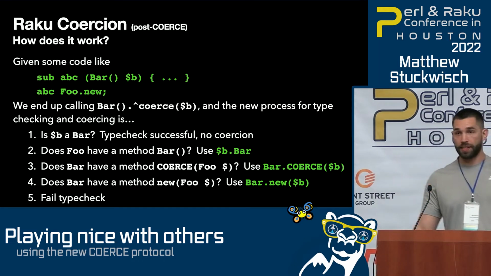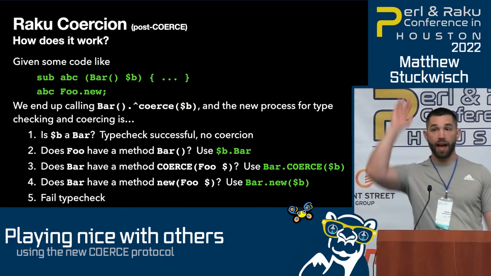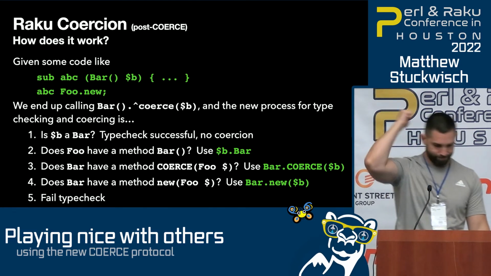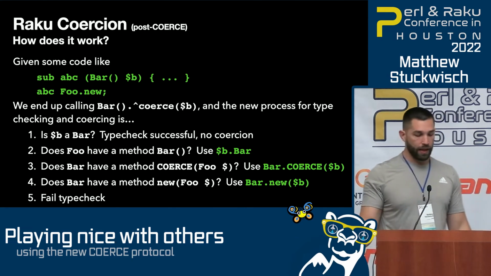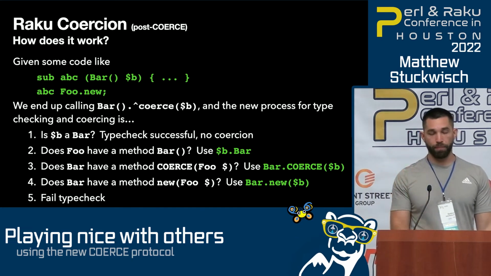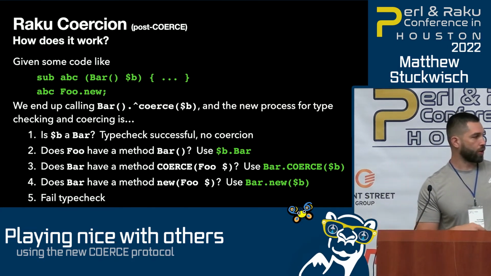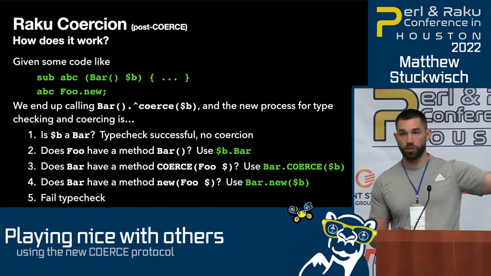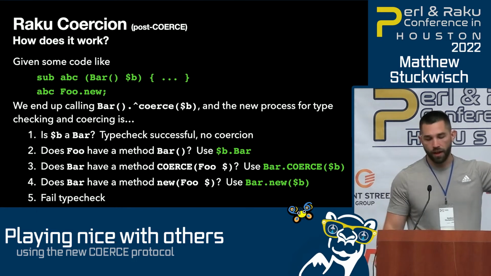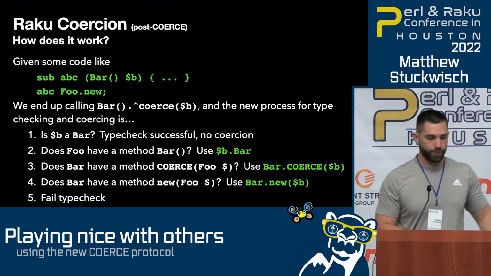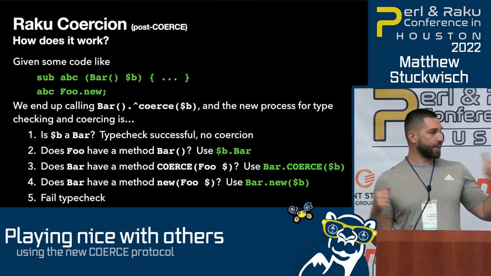If it does, that is its coercion method, and foo is saying, hi, I know how to turn myself into bar, so let me do it, and we will use it. If foo does not know how to turn itself into bar, then we will go to bar, and we will look for a method called COERCE, all caps, because those are reserved in Raku, so we can use them for cool stuff like this. And its argument would be foo.